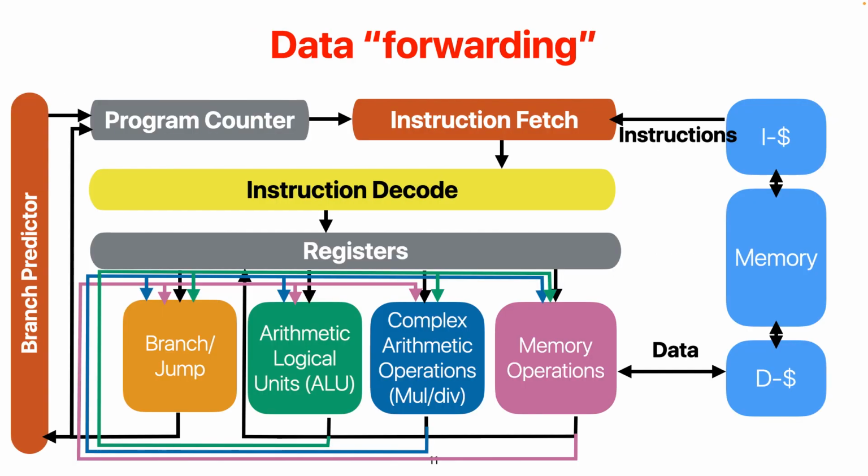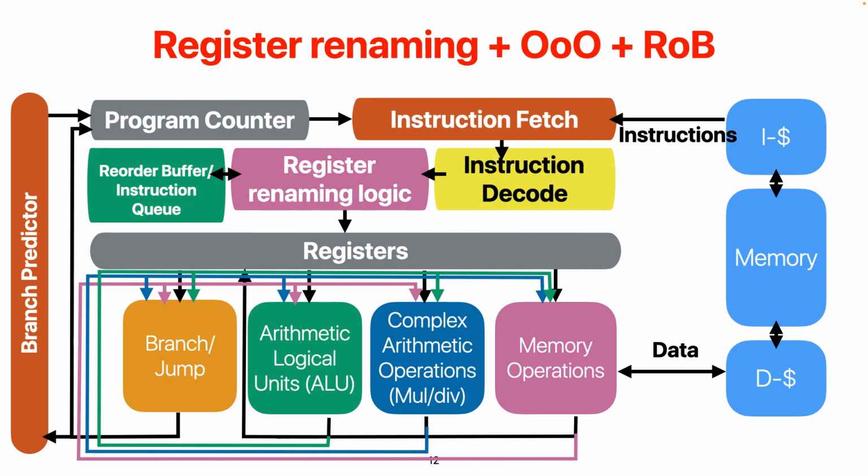Here is what you need. So this is the current pipeline we have. It supports data forwarding. But if you want to support register renaming out of order, then you have to add register renaming logic, which renames each output and rewrites all the source operands. After you rename the instructions, the instruction will be stored in a reorder buffer combined with the instruction queue.